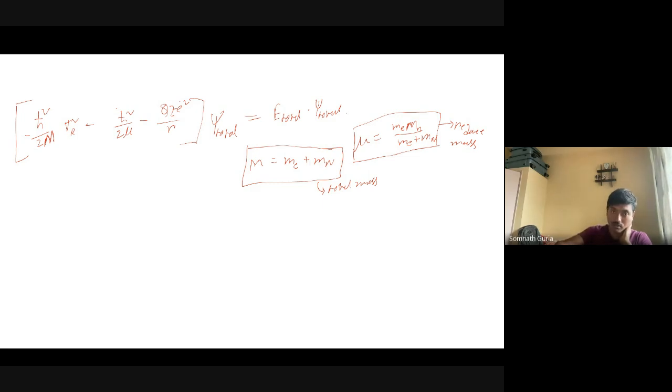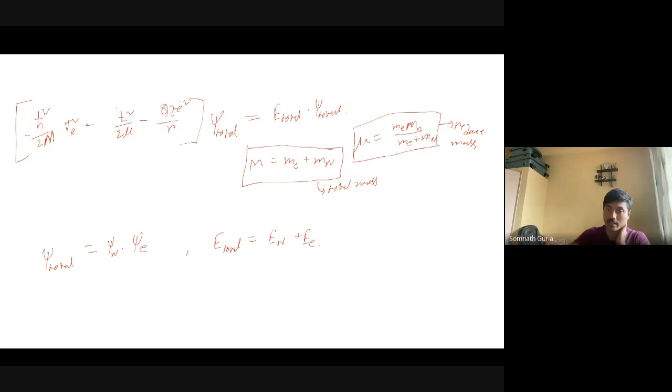So psi total becomes the nuclear function psi of n times psi of e, and E total becomes E of n plus E of e.